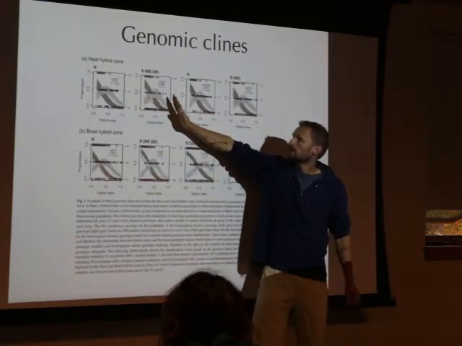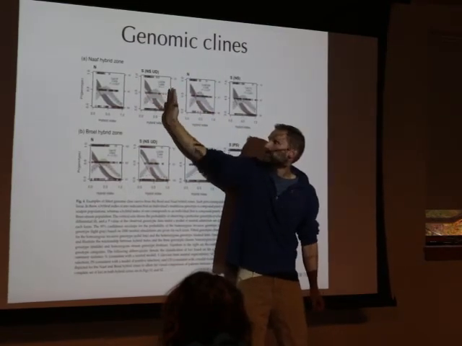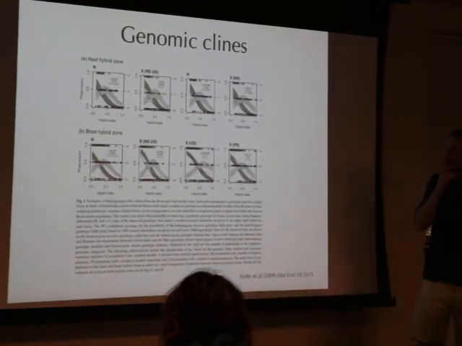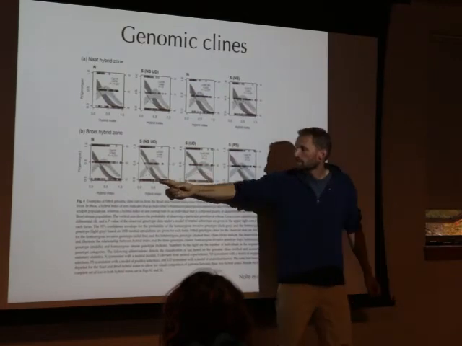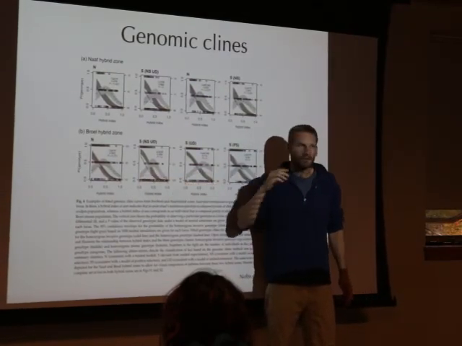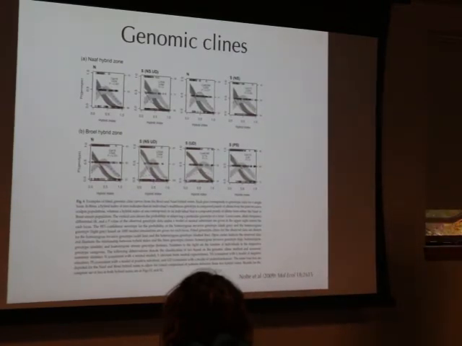So it looks like there's essentially introgression in this direction, from this species to this species, at that locus. Here's one where you have a real deficit of heterozygotes compared to what you would expect. Does that make sense?